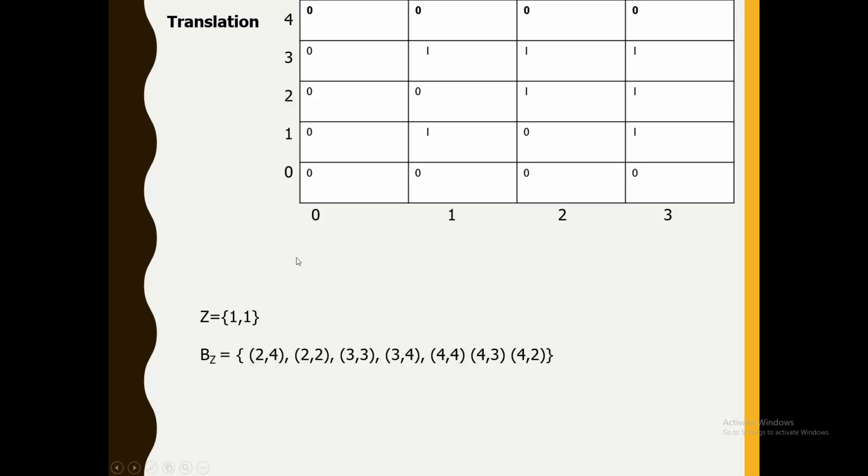The new element will be B plus Z. Initially B is at 1 comma 1. Now 1 will be added to 1 and another 1 will be added to 1, so it will become 2 comma 2. Initially there is a 1 at 1 comma 3. Now we add this: 1 plus 1 is 2 and 3 plus 1 is 4, so it corresponds to 2 comma 4. In this way the whole set of elements is translated. Only those elements which are 1, or foreground, will be translated.